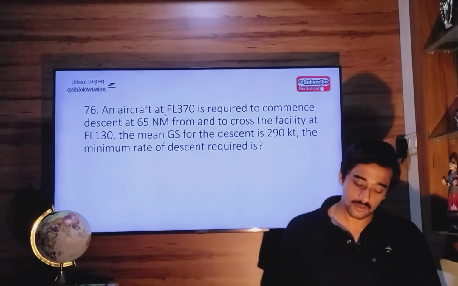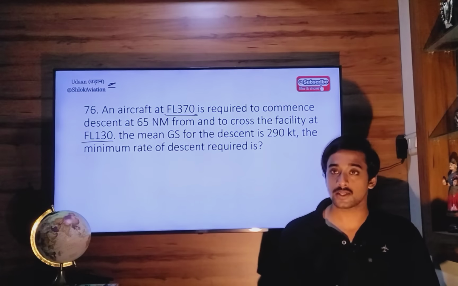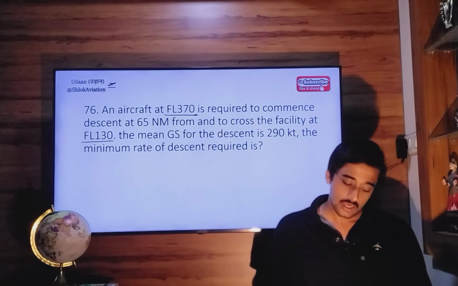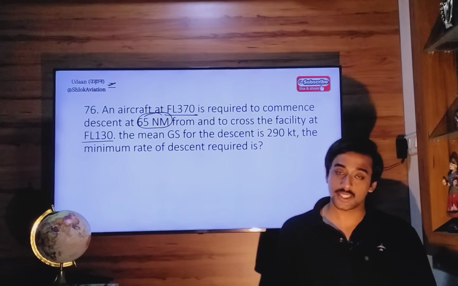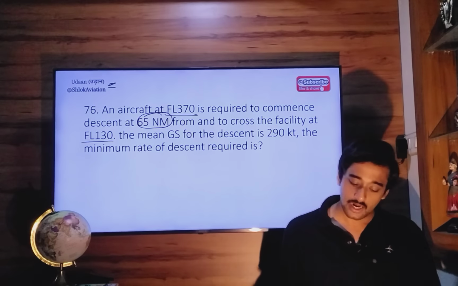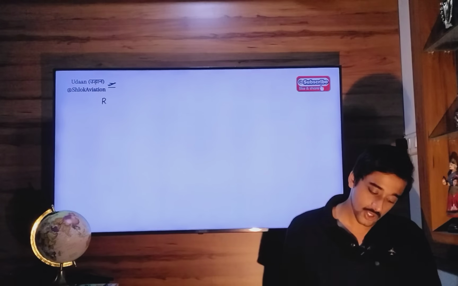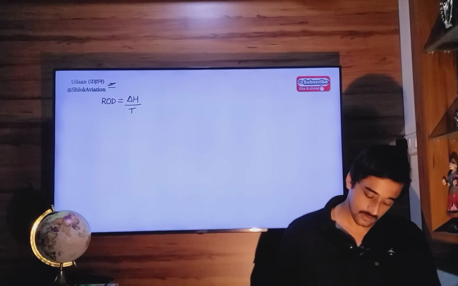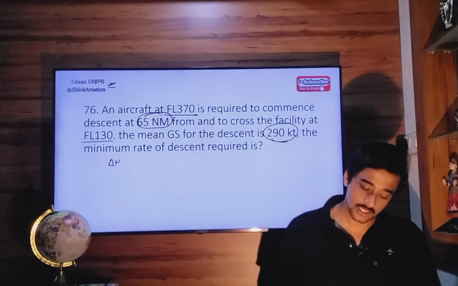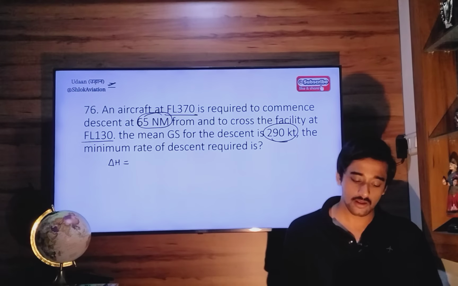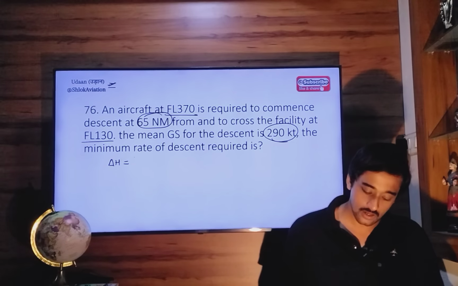You are descending from 37,000 to 13,000. The distance you covered meanwhile is 65 miles at a speed of 290 knots. What is the rate of descent? So rate of descent is change in height by time taken. Now the change in height here is 37,000 minus 13,000, that is 24,000.